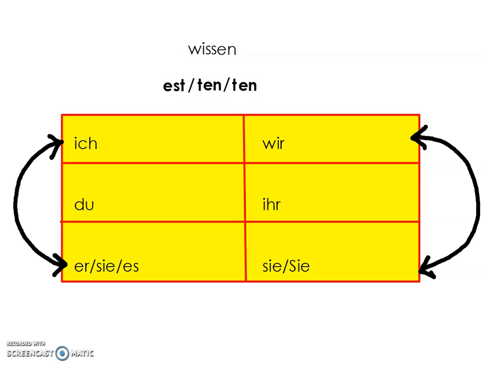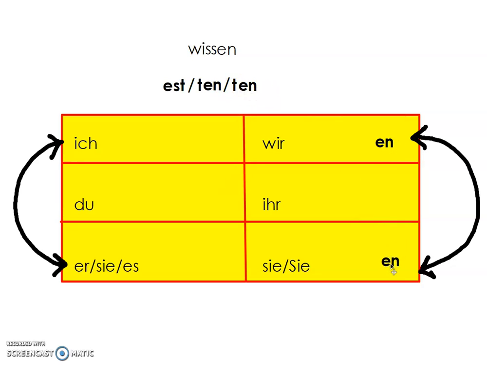I call it a hot dog conjugation pattern, because it kind of looks like a hot dog. You see my two arrows on each of the sides? They're telling us that those two forms are the same on each of their sides. So we already know that on this side over here, the wir and the sie forms typically always end in en.